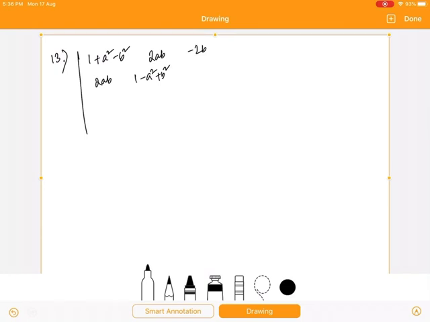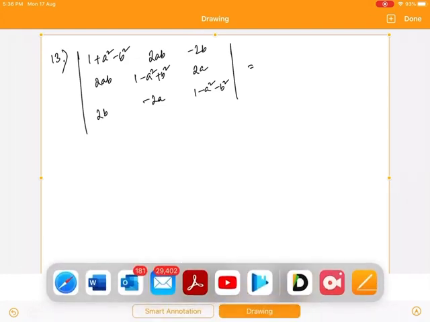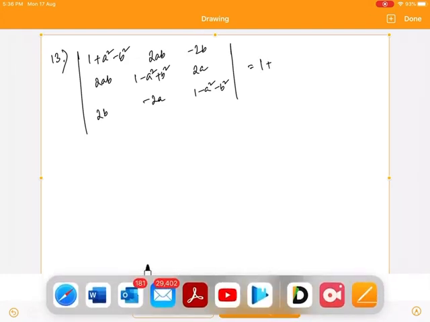Then? 2a, 2b, minus 2a, 1 minus a square minus b square. And equal to? 1 plus a square plus b square the whole cube.